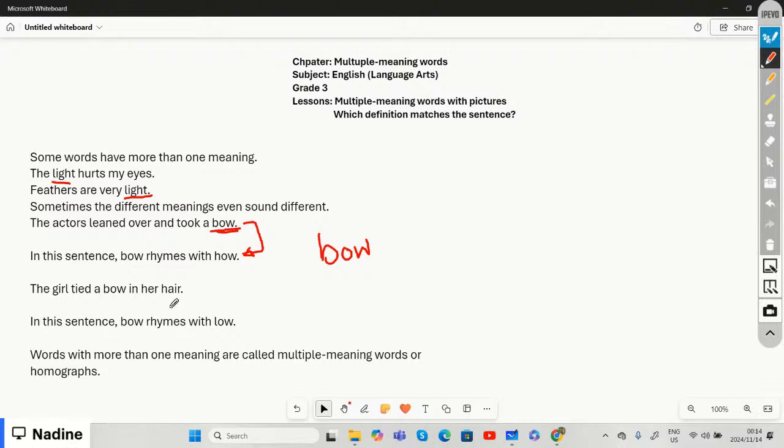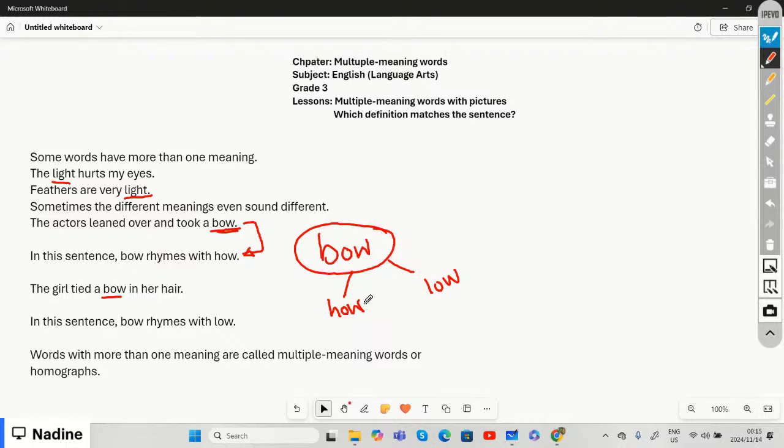And then we have another one. It says, the girl tied a bow in her hair. So here we have this word, but the one rhymes with how, and the same word rhymes with low.